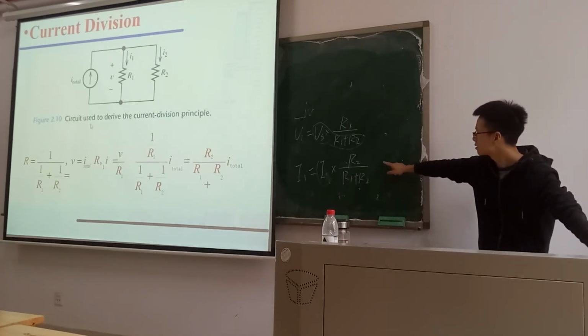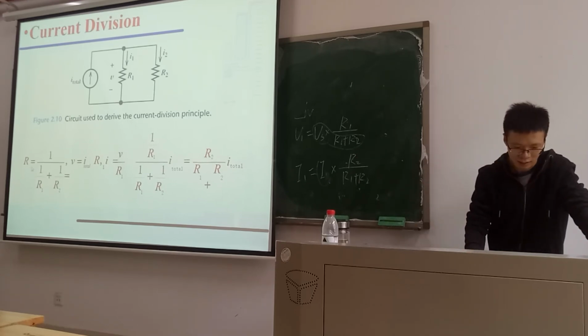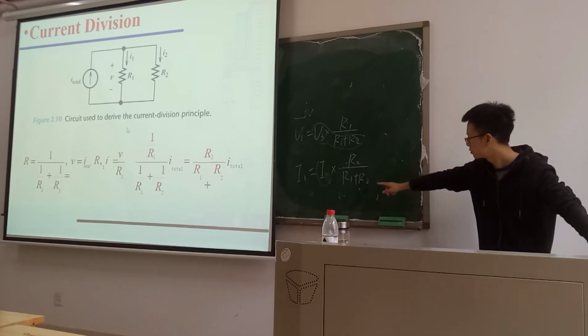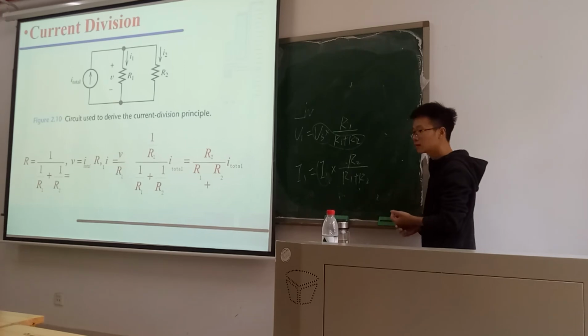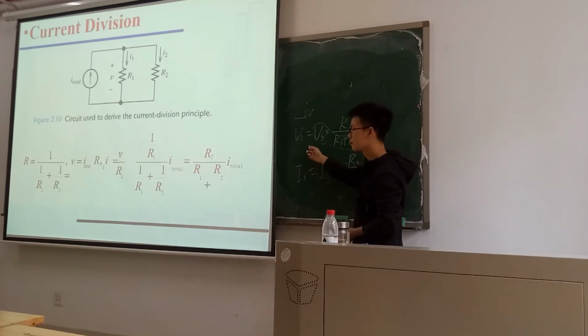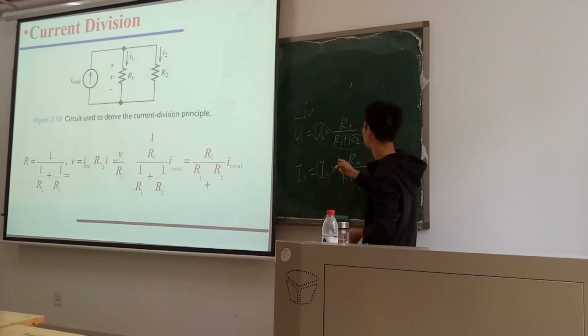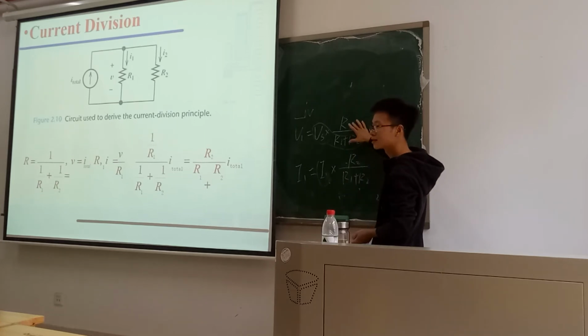For the current division, these are the steps to get the result. But I think it's better for you to remember these two together, because this is R1 and this is R2.